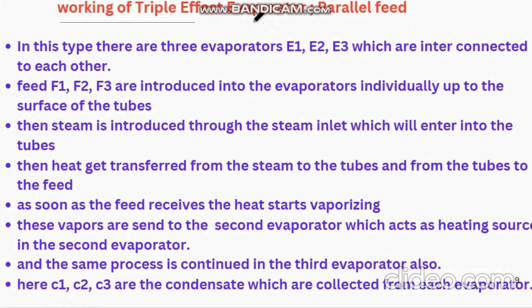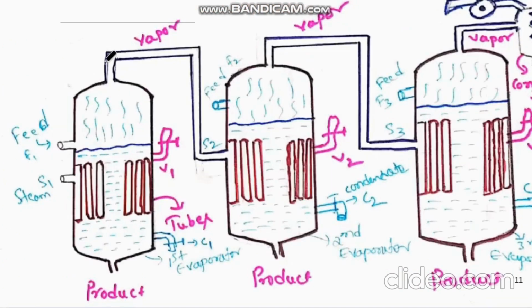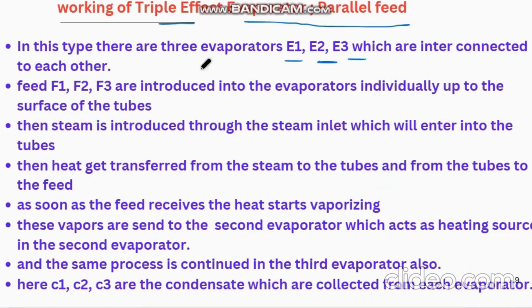Working of triple effect evaporator, parallel feed. In this type there are three evaporators, called a triple effect evaporator, namely E1, E2 and E3. In this diagram you can see the three evaporators, E1, E2 and E3, connected to each other and placed vertically.